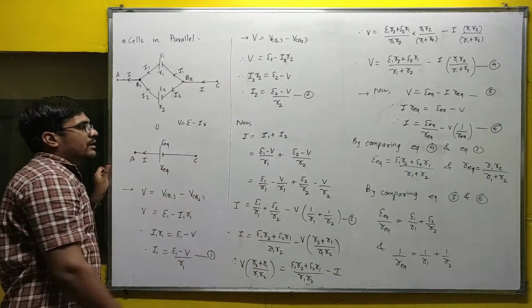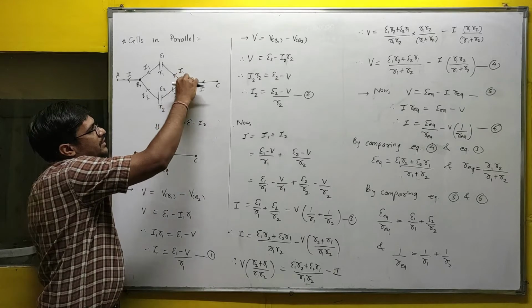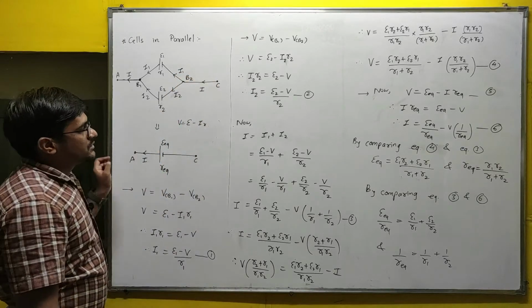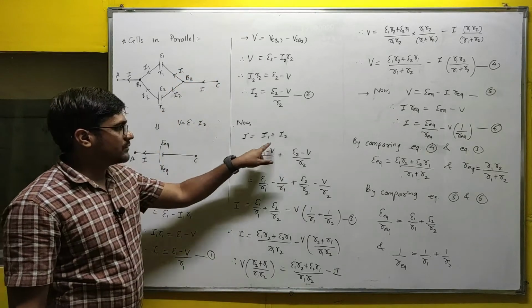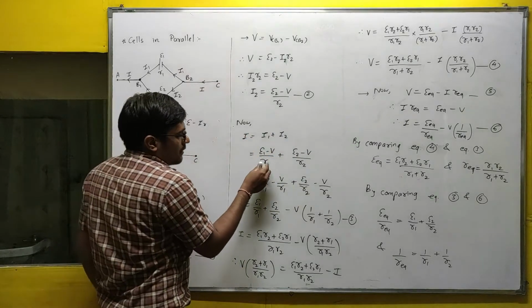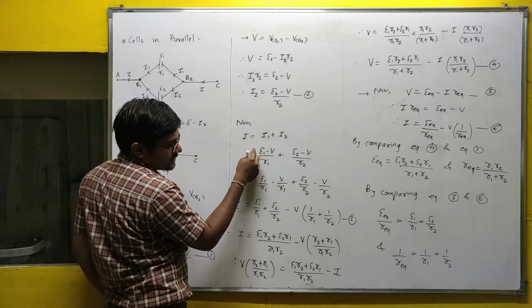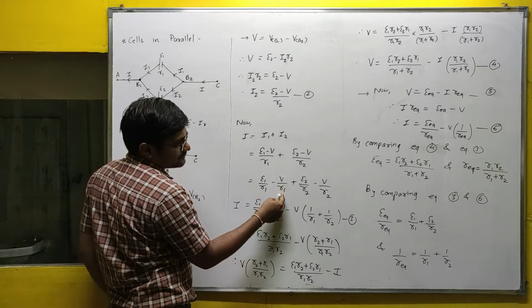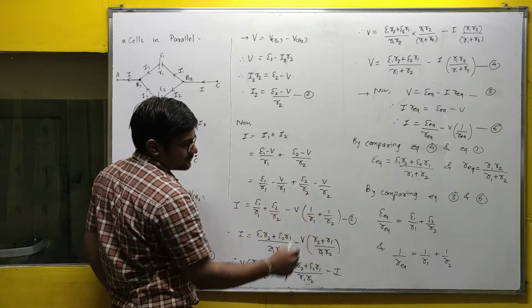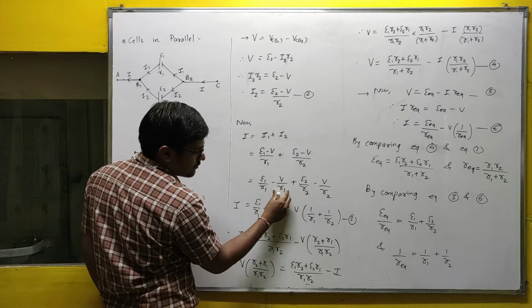Now use this formula: I is equal to I1 plus I2. Why? Because I1 and I2 are divided from I only. So substitute the values of I1 and I2 from these two equations. Now separate R1 in both terms: E1 by R1 and V by R1, E2 by R2 and V by R2. Now take minus V common from these two terms.